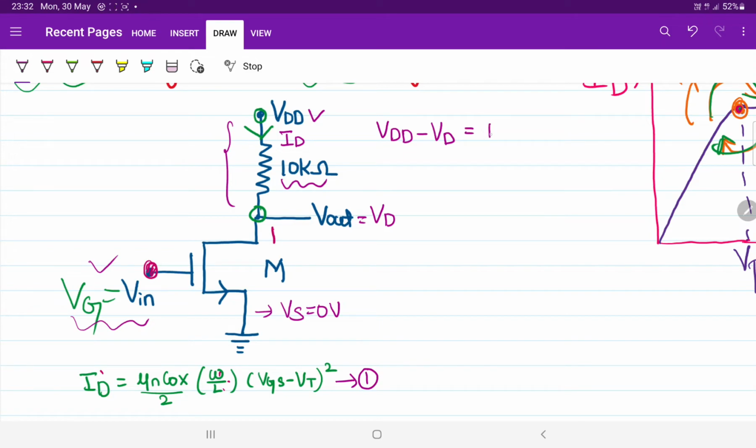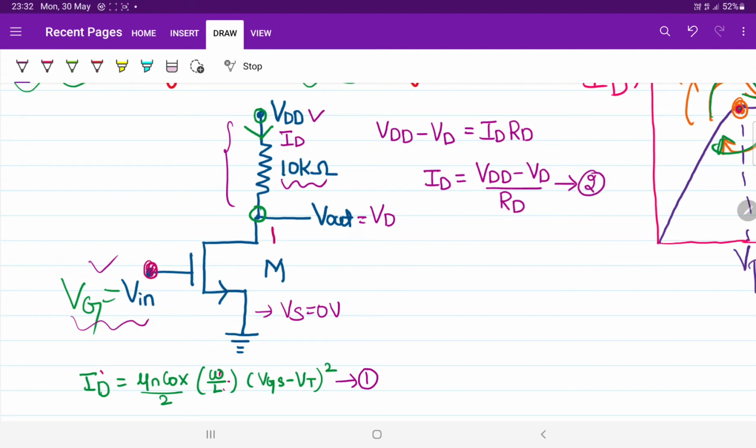The alternative way is by using the drain current and resistance value. So from here we can write one more expression, ID is equal to (VDD minus VD) upon RD. That is another way of expressing the drain current.